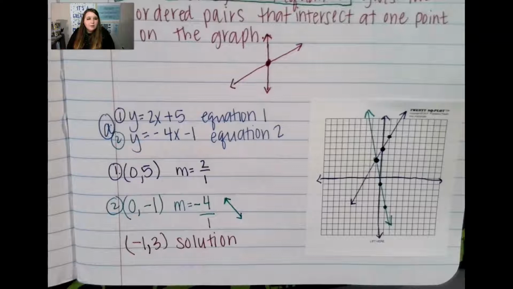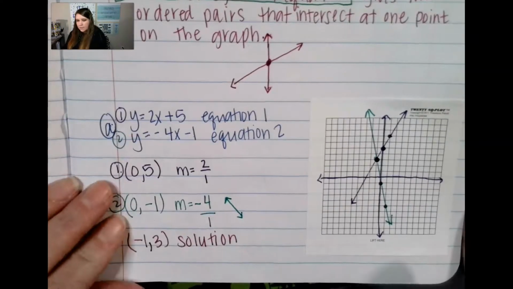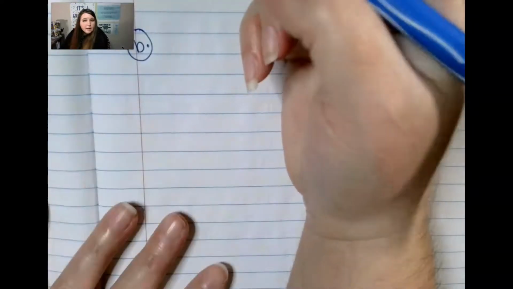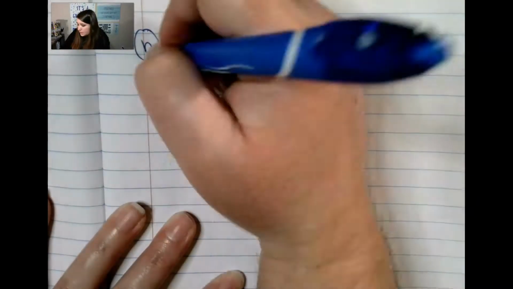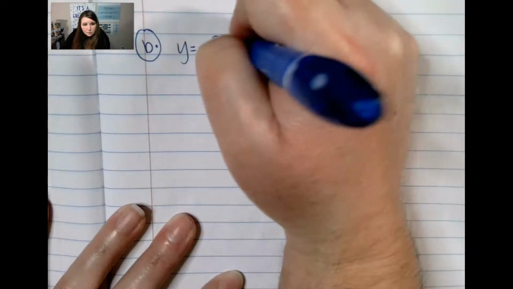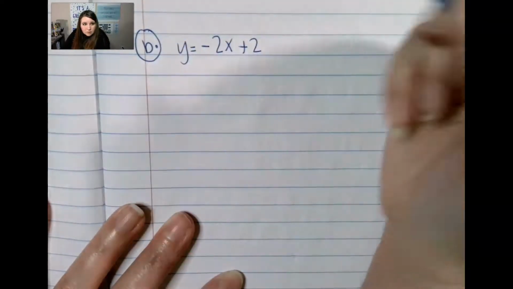I'm going to turn my page. Okay, on this example, let's look at our two equations. So on example B, we have two equations here. And our first equation is y equals negative 2x plus 2.